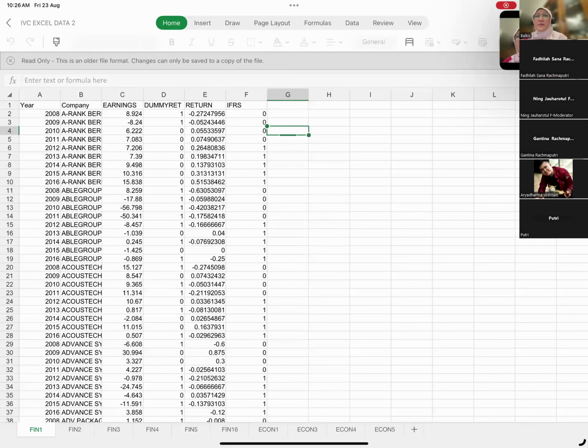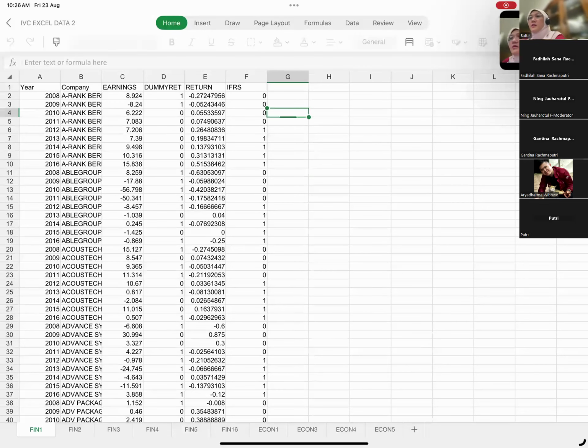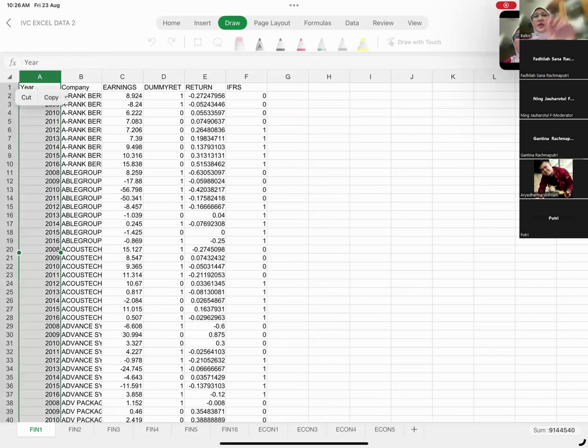The A column, if you look at the A column here, I want to write here, hold on, yeah. Oh, tak boleh write. Okay, the A column here are the years.